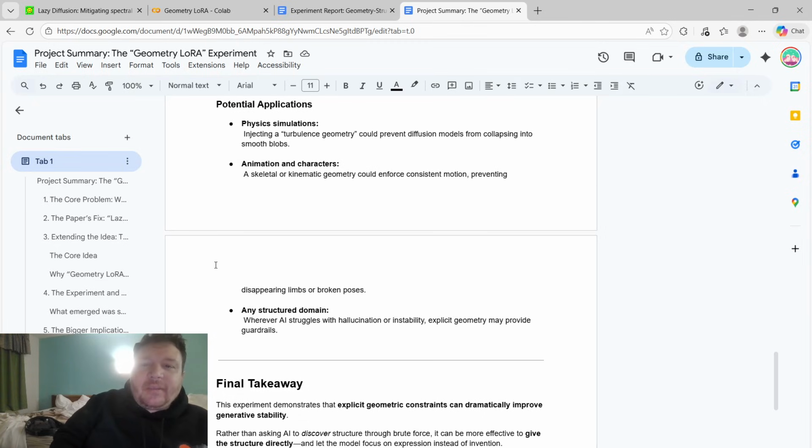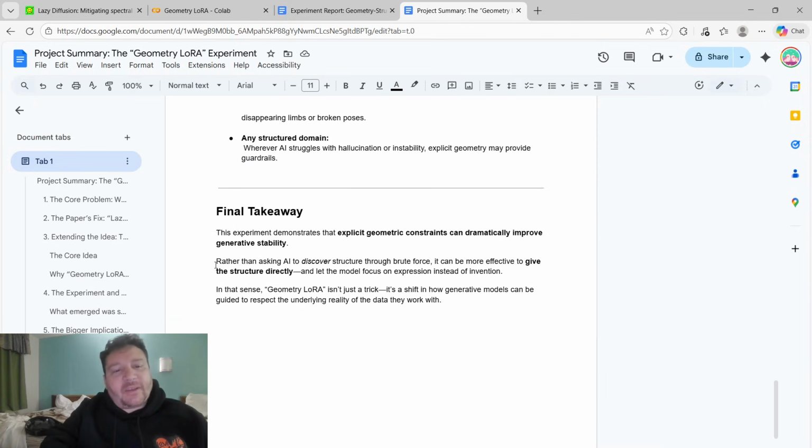Essentially, the bottom line within this is that if you want to make sure that your images, your videos, etc., are smooth, actually obey physics, actually have bodies with skeletons, etc., that's what this framework gives and does, right?